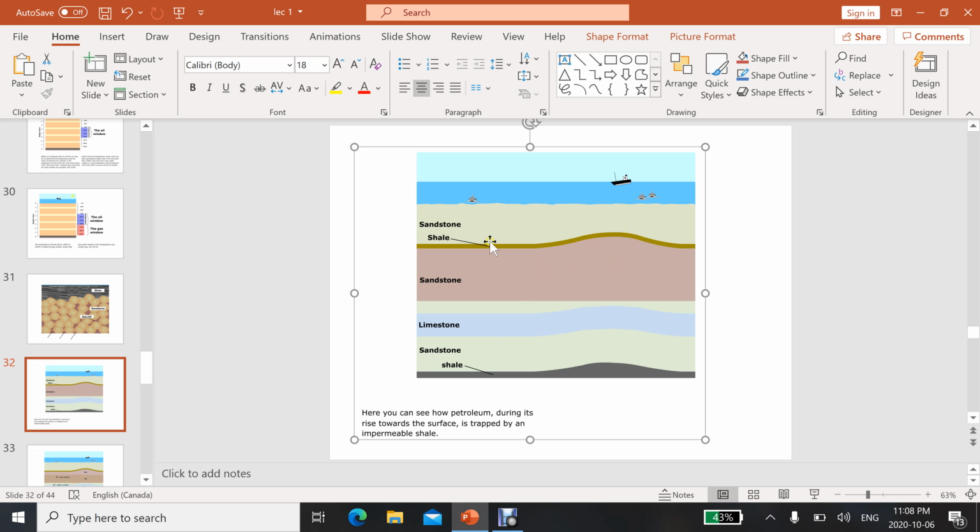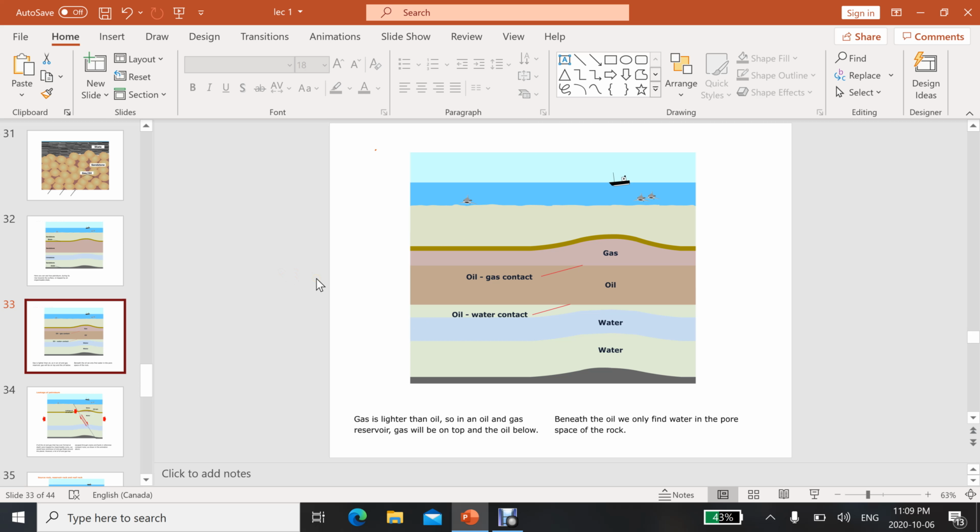Now, this is a typical example of multiple layers where the reservoir rock exists. Here, in the reservoir, both oil and gas can exist.